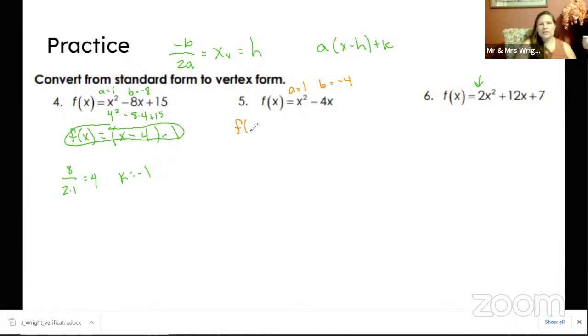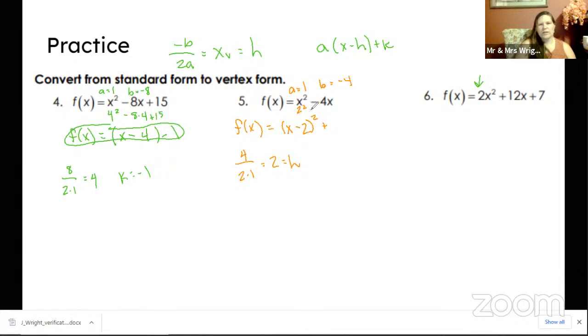So let's go ahead and begin to write our equation. F of x is A, which I happen to know is 1. So I'm just going to drop that. X minus H squared plus K. All right, so now I need the opposite of B. So if that's -4, the opposite of that is +4 over 2 times A. 2 times 1, 4 divided by 2 is 2. And we know that that is going to be our H. And then we're going to plug that into our equation.